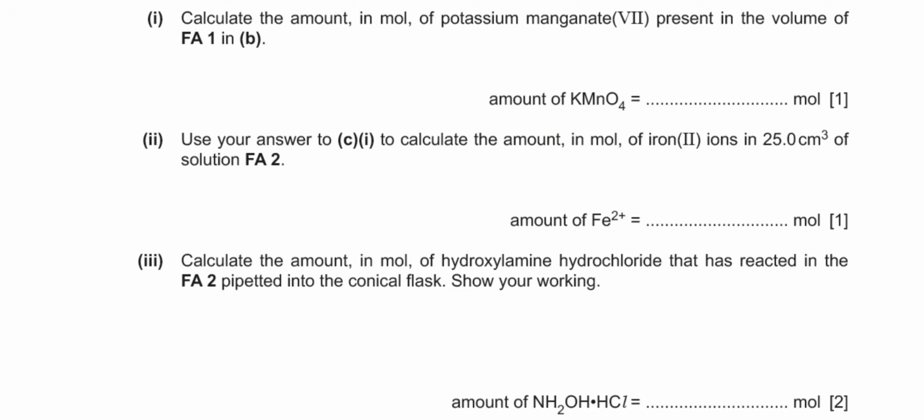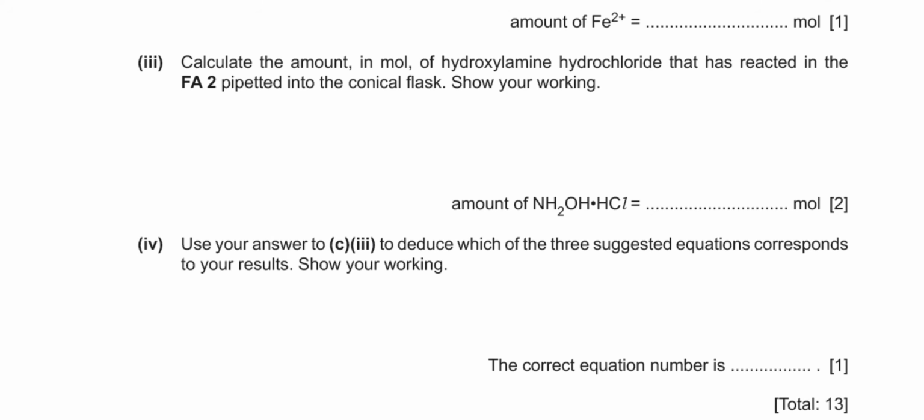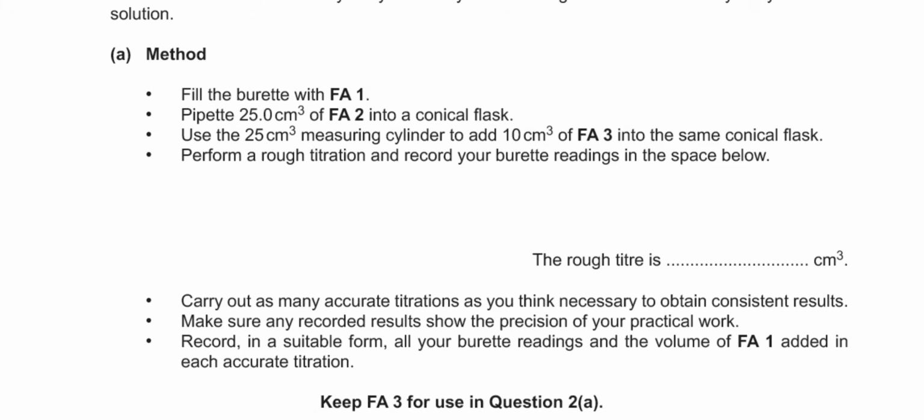Okay, now next part he says calculate the amount in mole of hydroxylamine hydrochloride that has reacted in the FA2 pipetted. So remember what we pipetted. Let me show you one more thing, because here we need that information that was given by the examiner.